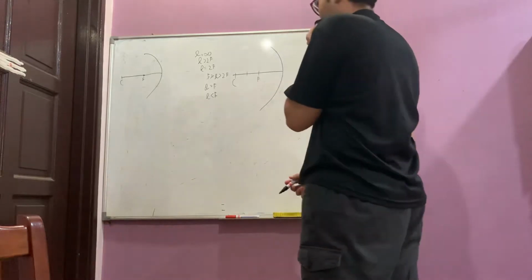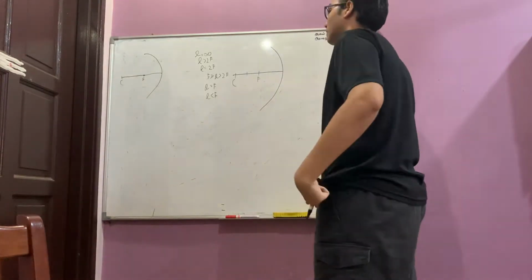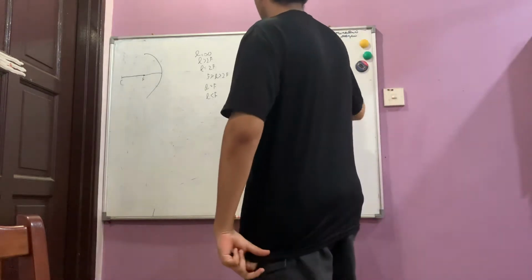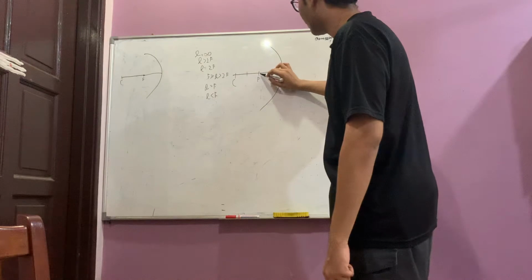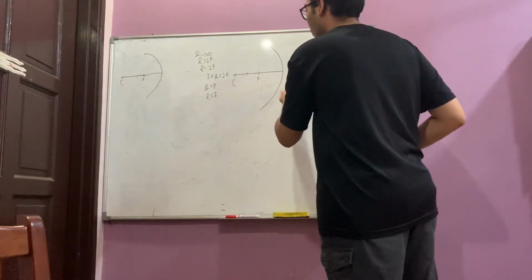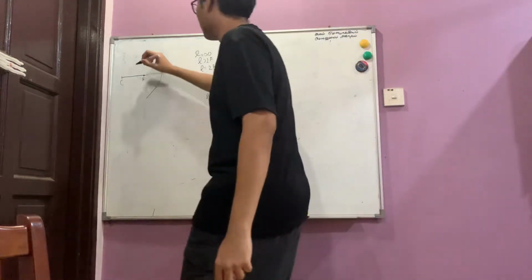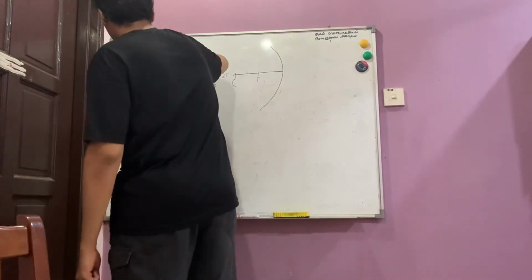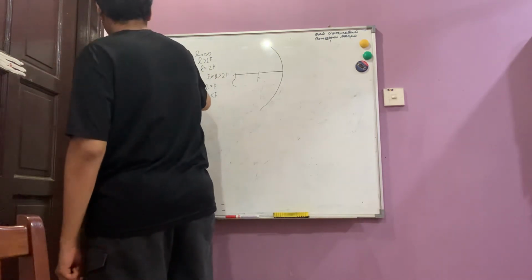So always remember, when light rays pass through F and hit the mirror, they have to go parallel. When they hit the F, they have to go like this, straight.